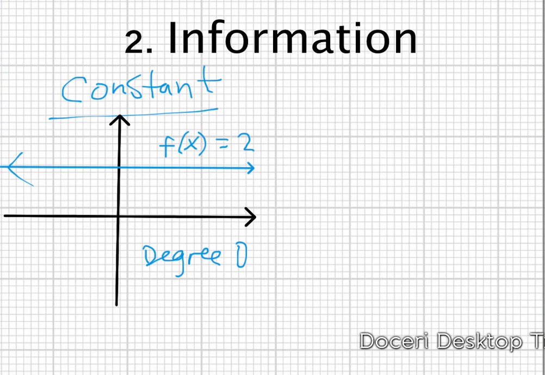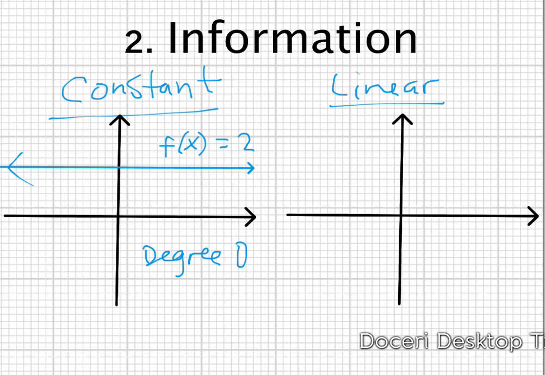The next one we had was a linear function. A linear function makes a line as well, but instead of going left to right only, it can also go up and down. So here's a linear function.